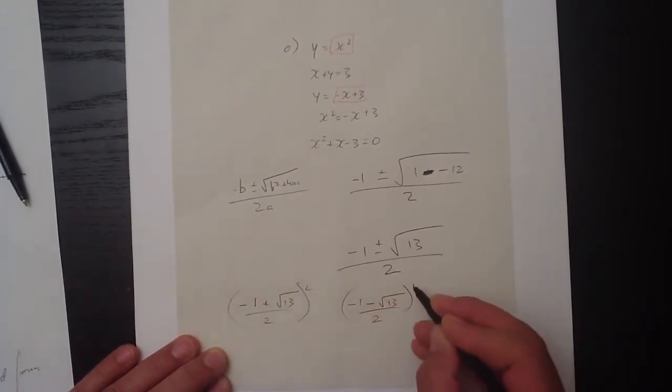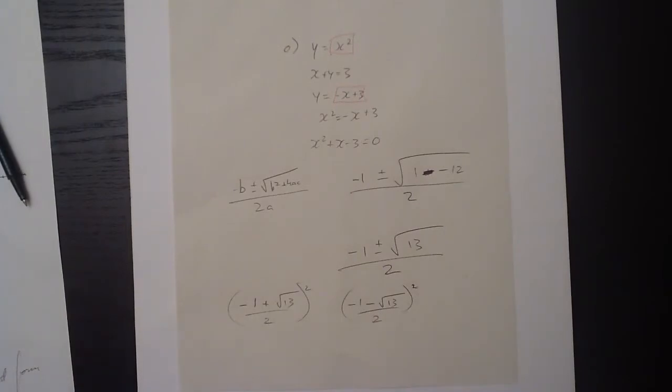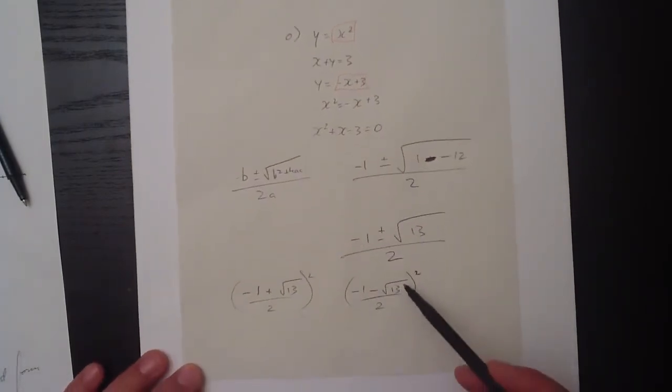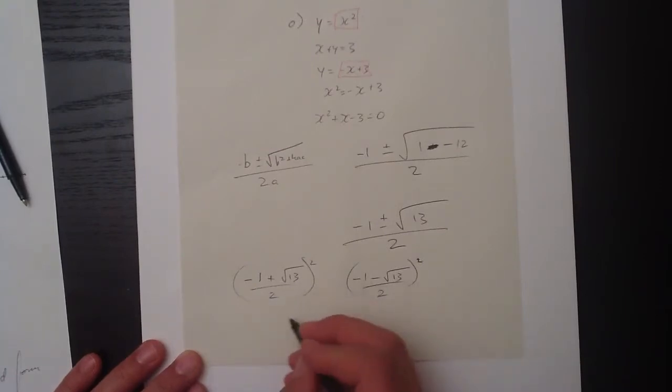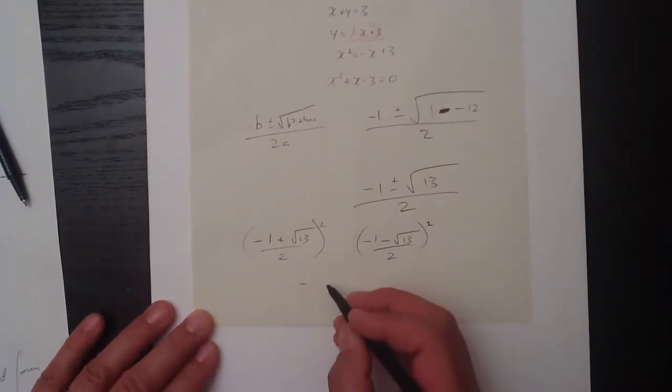And those are your values of y. So you can use your algebra. I don't have enough space to figure that out here, but you just multiply that by itself and you end up with the values for y.